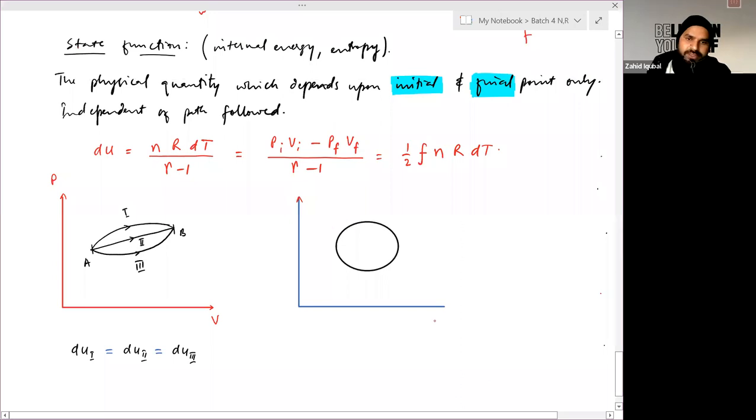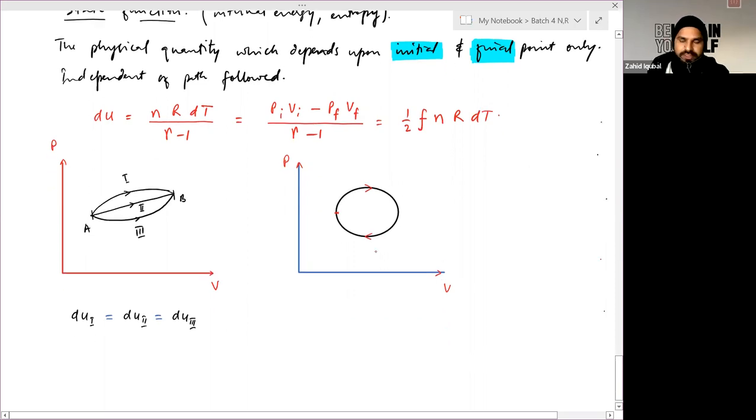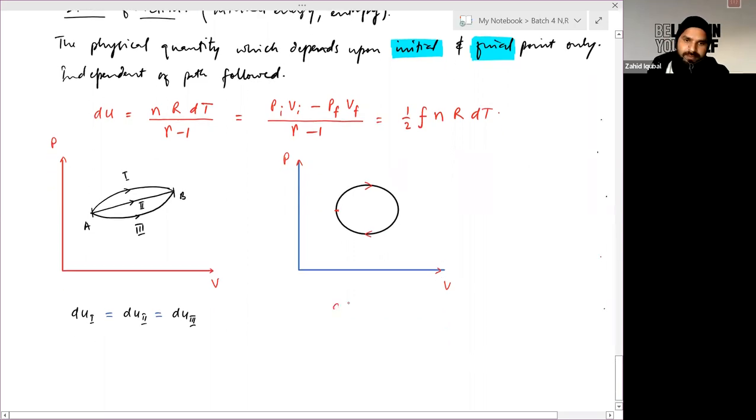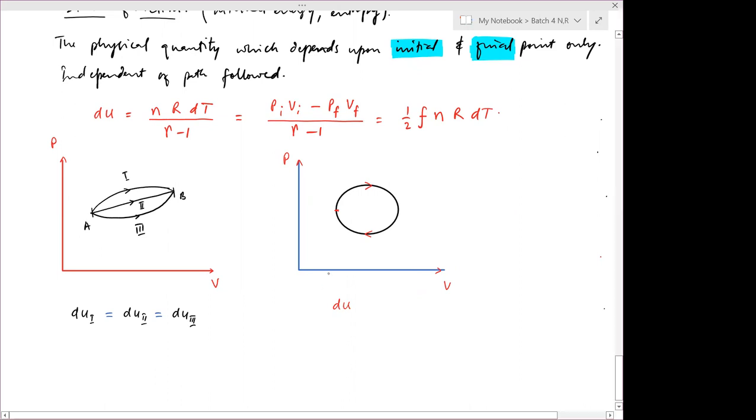Suppose this is pressure versus volume in which the gas is going along this way. So what will be the value of change in internal energy for this path? Raza, can you repeat the question?